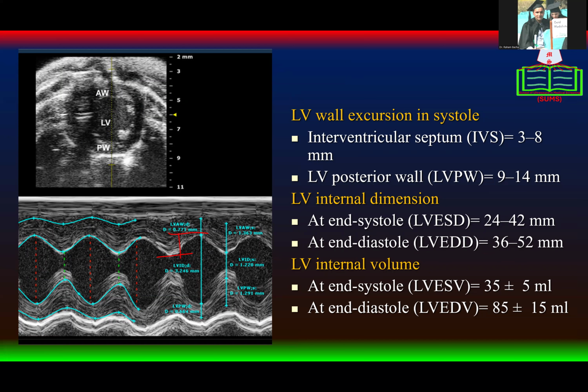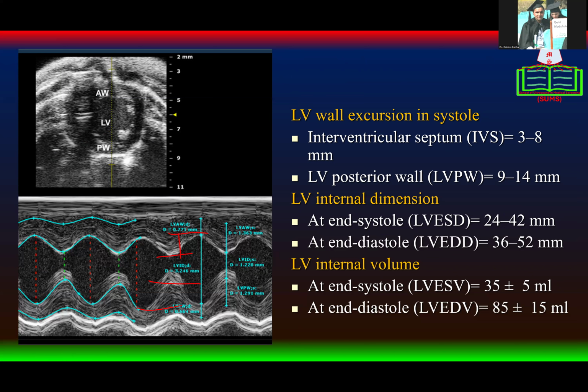Similarly, the posterior wall excursion, you can see in between these two horizontal lines. This is the excursion or deviation or movement of any structure from its normal level or normal path.